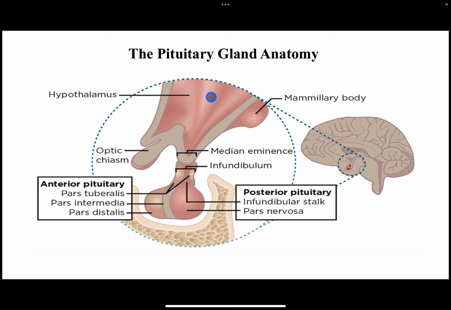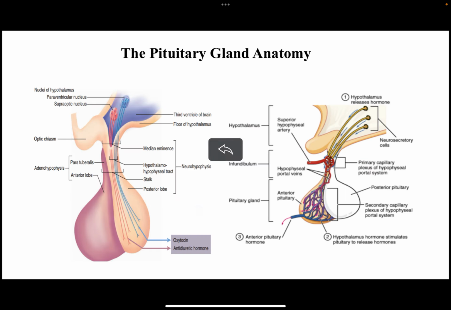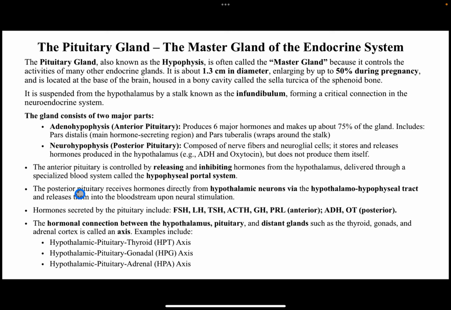For the posterior pituitary, we have the infundibular stalk and then the pars nervosa. The posterior pituitary, or neurohypophysis, is composed of nerve fibers and neuroglial cells. It stores and releases hormones produced in the hypothalamus, but does not produce them itself.